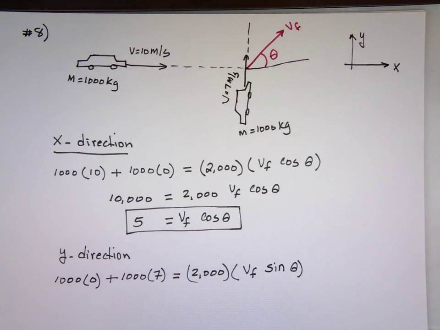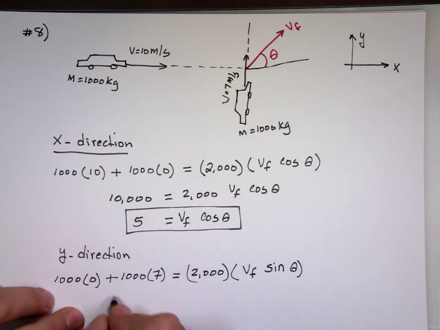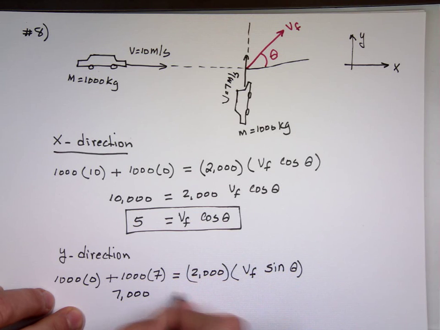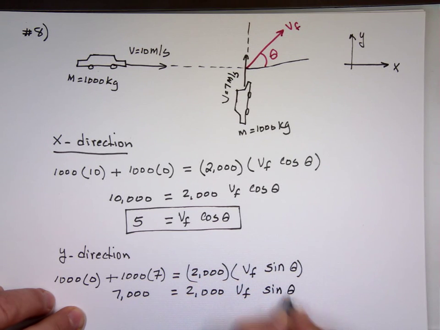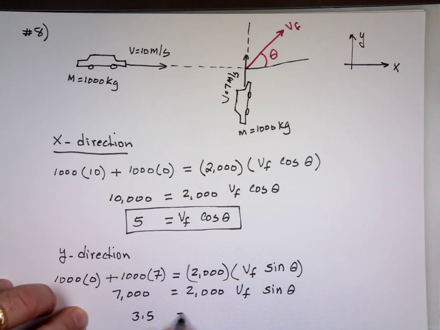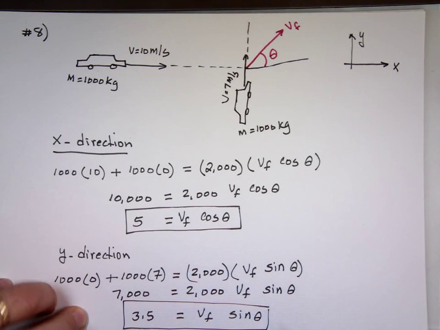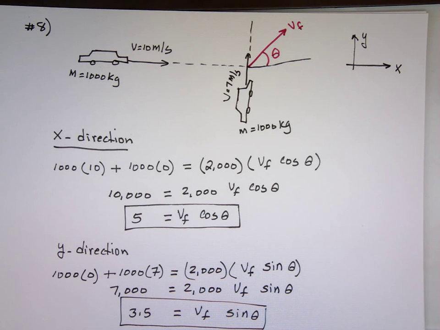You have to find the component of this velocity in the y direction. 7,000 equals 2,000 Vf sine theta. Divide by 2,000, you have 3.5 equals Vf sine theta. That's your second equation. Now take the 2 equations and solve them for theta.